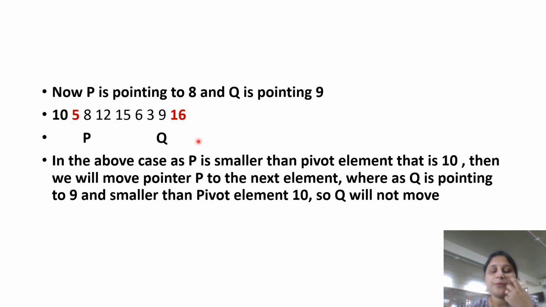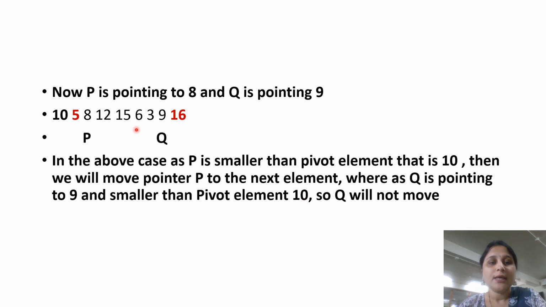In the next step, you can see P is pointing to 8 and Q is pointing to 9. In this case, P is smaller than the pivot element, which is 10, so we will move pointer P to the next element. Okay, whereas Q is pointing to 9, which is smaller than the pivot element 10, so Q will not move.